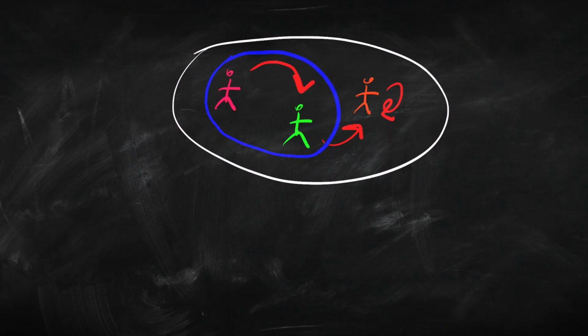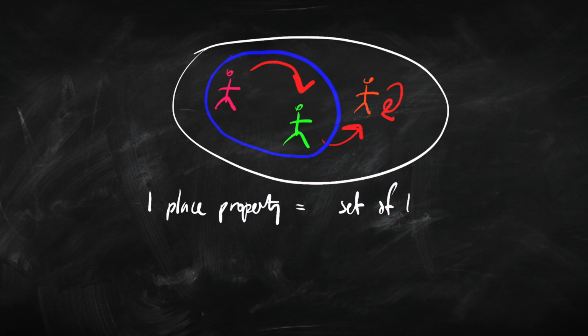That might be our interpretation of the being happy property. Our interpretation of a property is a set of things, a subset of the domain, some but perhaps not all of the things in the domain. In this case, Anna and Beck, but not Kath. So a one-place property is interpreted as a set of elements of the domain.